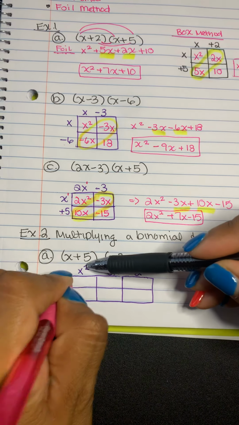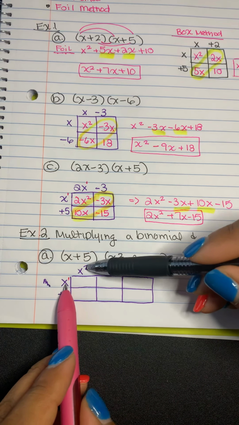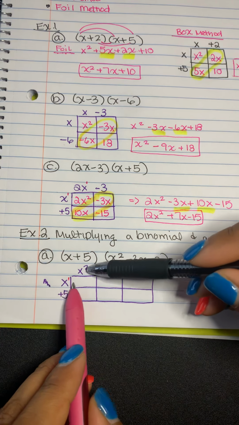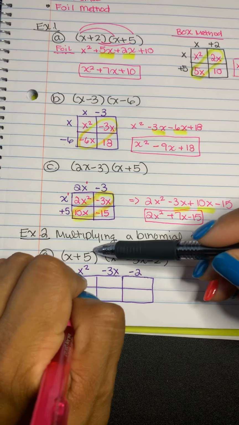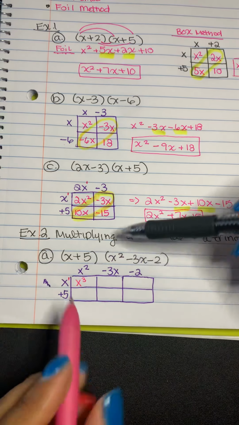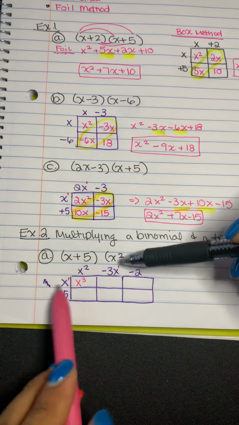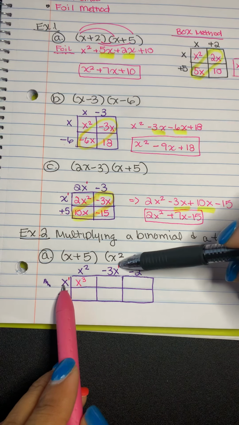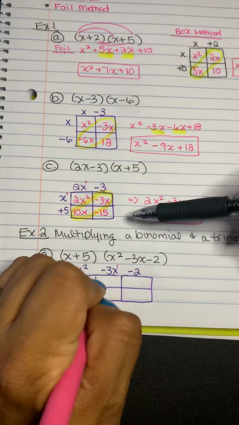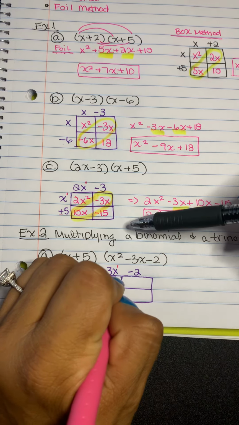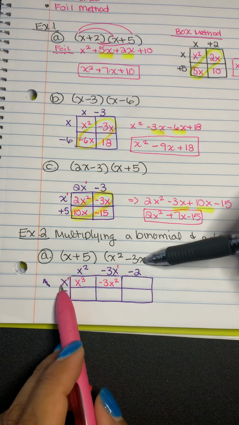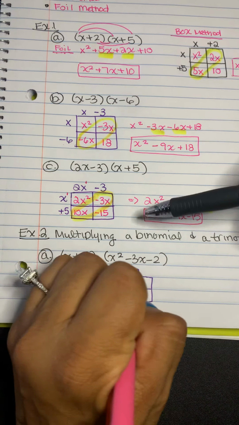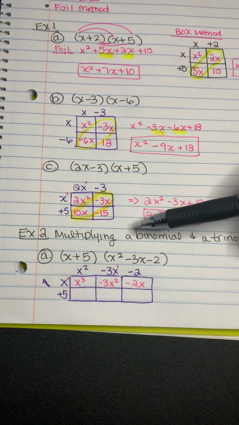Again, anytime you're multiplying polynomials, you're really adding your exponents. So x squared times x is x cubed. Again, you have an imaginary 1 there. You have a negative 3x times x is a negative 3x squared. X times negative 2 is negative 2x.